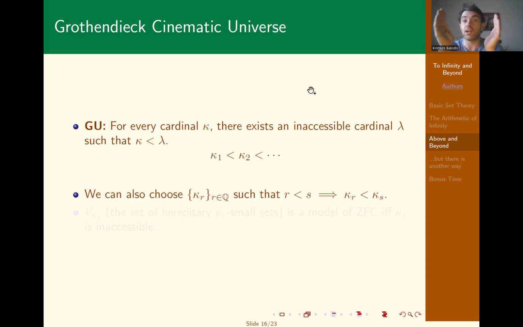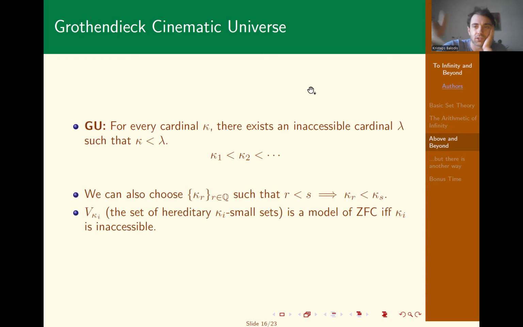Because what if one day you realize suddenly that you had one universe, you assumed one level higher, but maybe you realize all of a sudden that you needed a universe in between those two. So because the rational numbers are dense, you can always find one rational number in between those two, and so you can always slip a universe in between the two that you're talking about. I just think that's a cute idea.